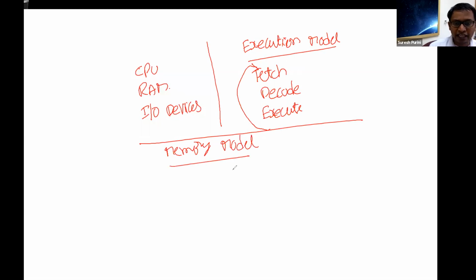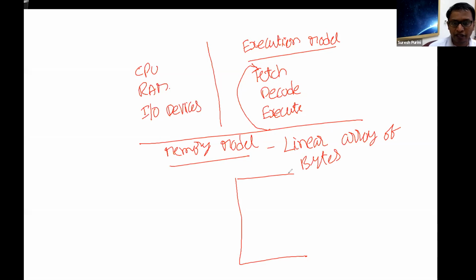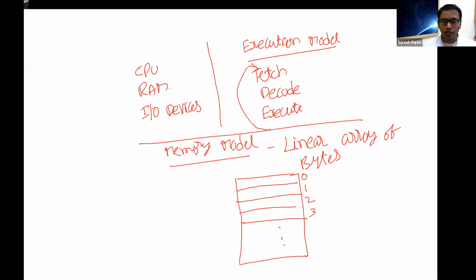Your memory is a linear array of bytes. So this is your memory: byte 0, byte 1, byte 2, byte 3, and so on. This is the summary of today's lecture.